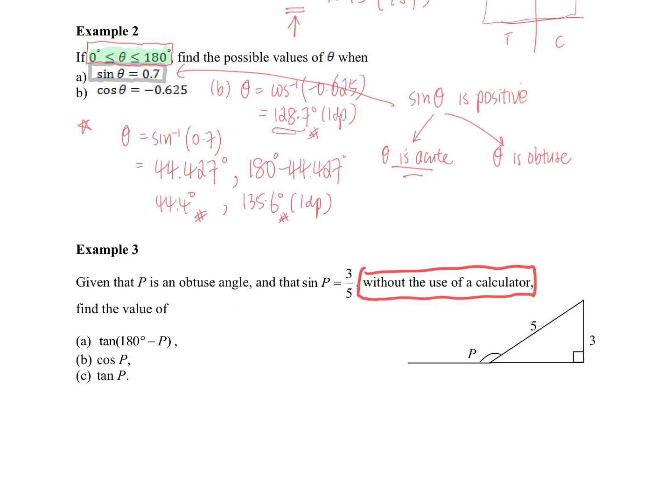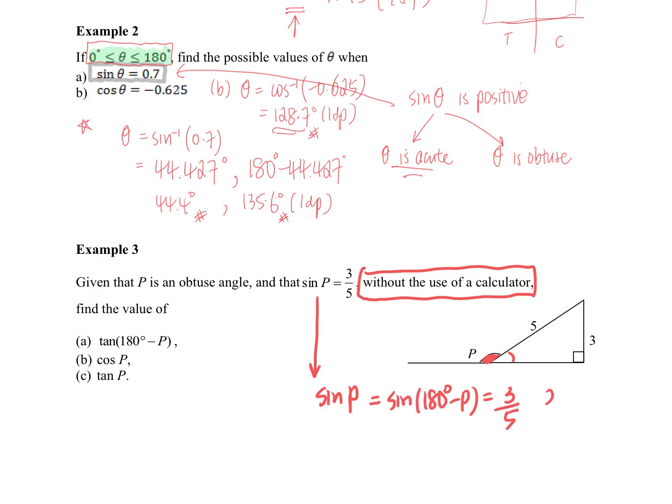Okay, so they tell you that sine of P is 3 over 5. This is the angle outside. But just now we learned that sine of P actually is the same as sine of 180 minus P. The ratio is the same. They are both 3 out of 5.